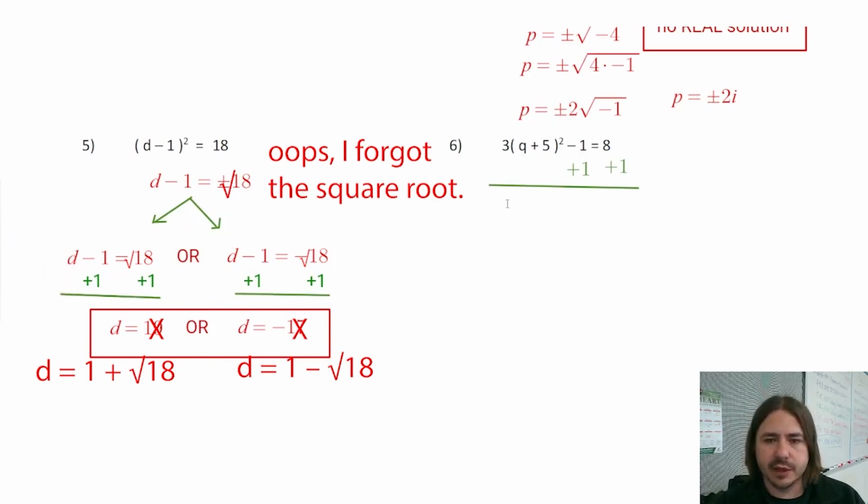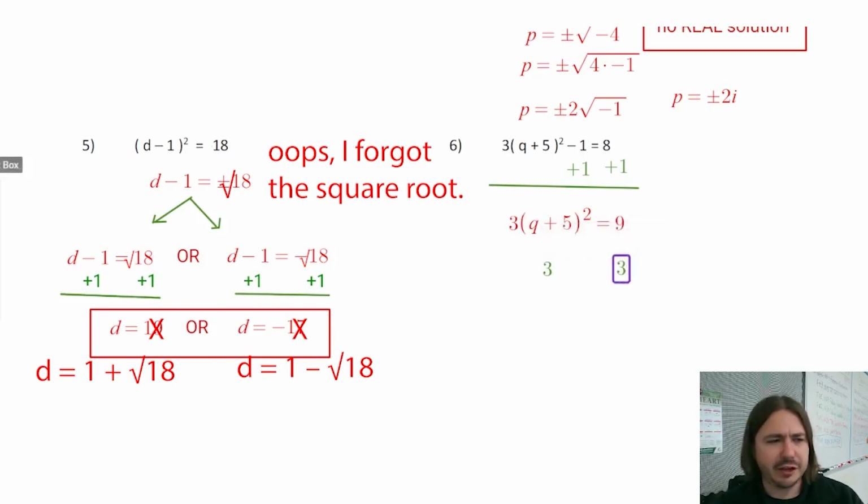I'm going to have 3 times q plus 5 squared equals 9. Then I'm going to divide both sides by 3. Get rid of that 3. Divide that side by 3, divide this side by 3.